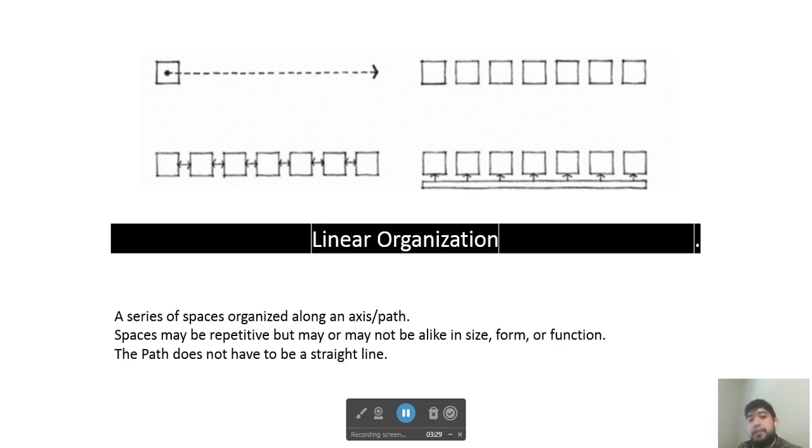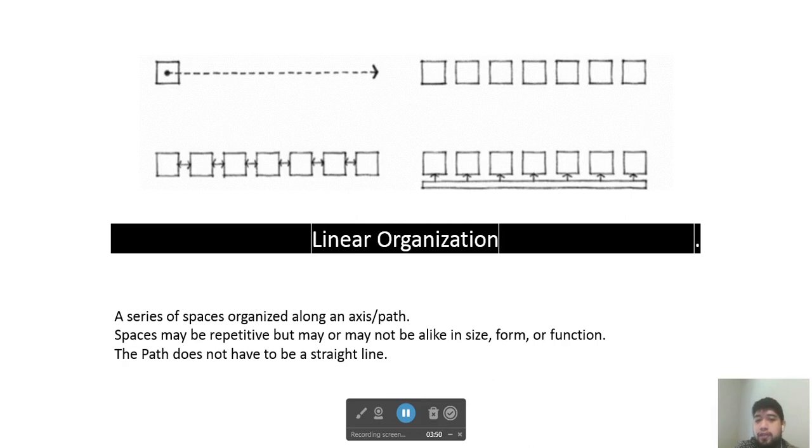Another idea is linear organization. This is a series of spaces organized along an axis or a path, and we'll talk about axis a little bit more later on. These spaces can be repetitive, but they don't have to be alike in size or form. The path also does not have to be straight.